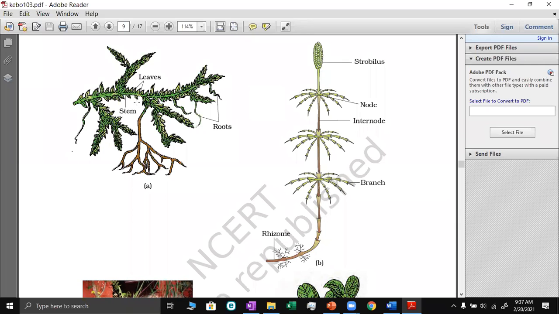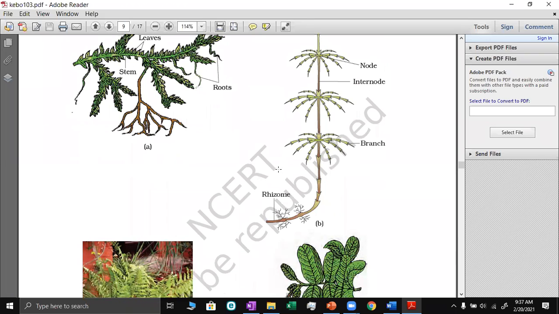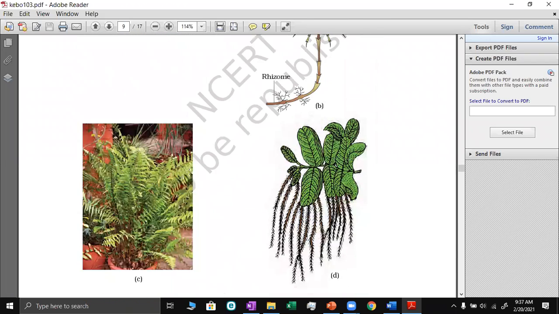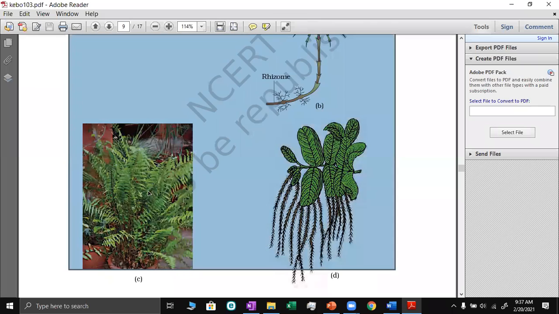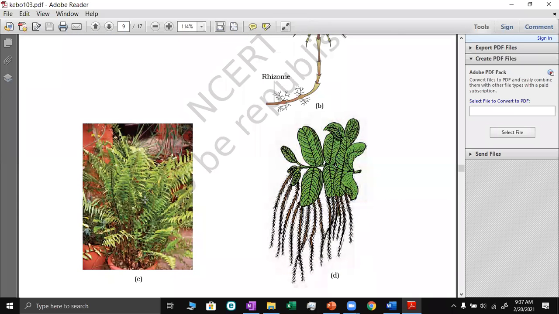And this one is Selaginella. This is a prostrate, trailing plant. They have roots also, a stem, and small leaves. Here are some other pteridophytes that you can identify. This one is a fern.